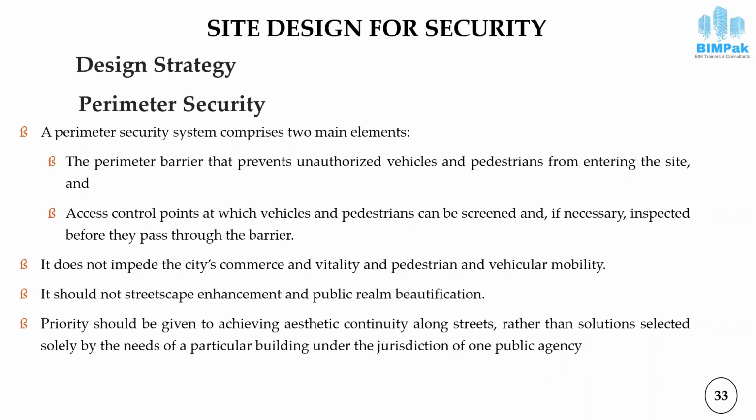There is another factor, which is the perimeter security system. The perimeter security system is to prevent unauthorized vehicles and pedestrians from entering the site, with an access control point at which vehicles and pedestrians can be screened and, if necessary, inspected before they pass through this barrier area.